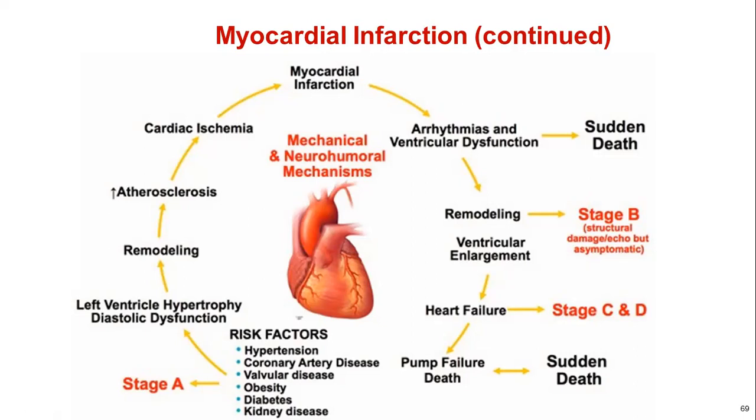MI, if untreated, leads to arrhythmias or ventricular dysfunction. In that stage, sometimes the patient dies, and this is called sudden death. If the patient is really lucky and does not die, again the tissue tries to adjust, compensate, remodel, but already some tissue is damaged.